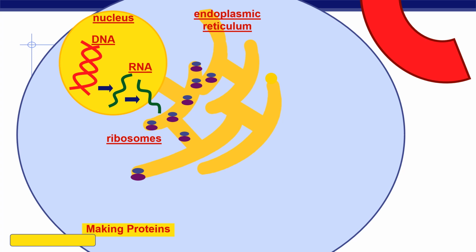Later on, we shall have what we call the central dogma. We shall be discussing later on the making of proteins in a very comprehensive way. But for now, let's just look into the different cell organelles.